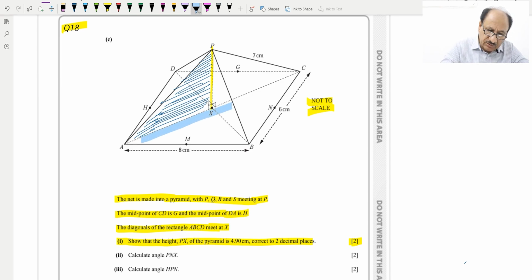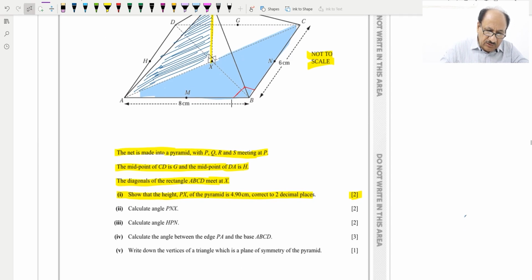Which triangle? By considering this one, A, B and C triangle, we can find the value of AC. So value of AC we will find, and then we will halve that value, that will be AX value. This is a right angle triangle, which is ABC.